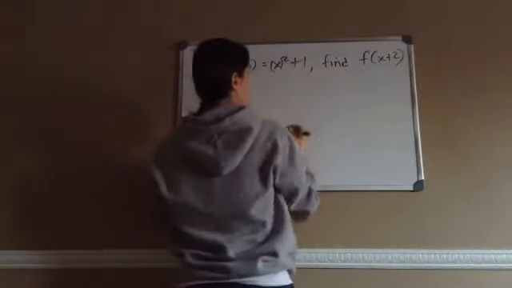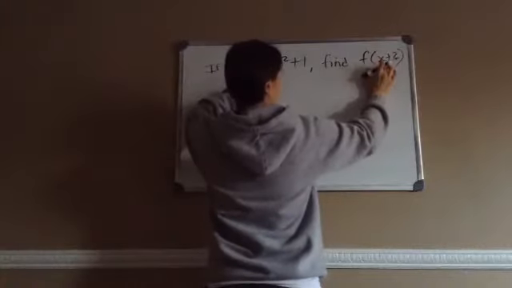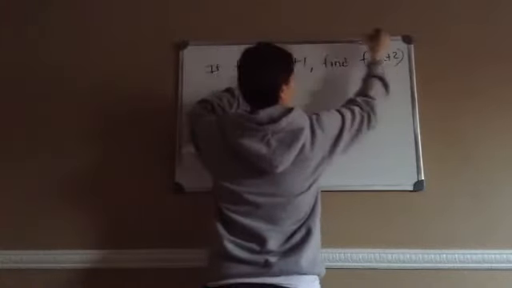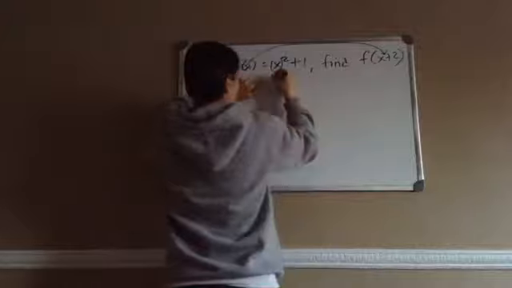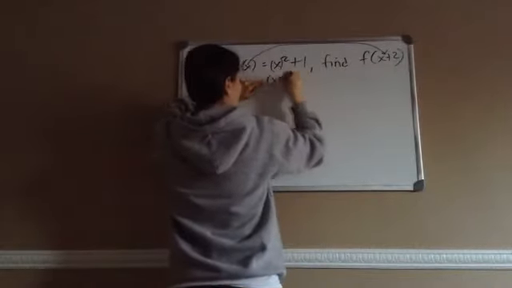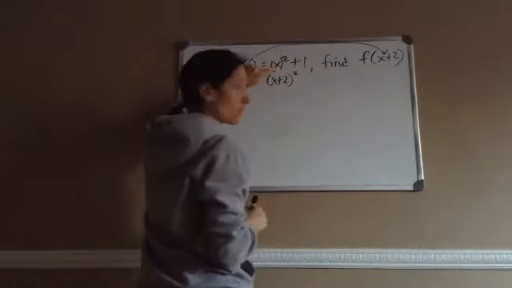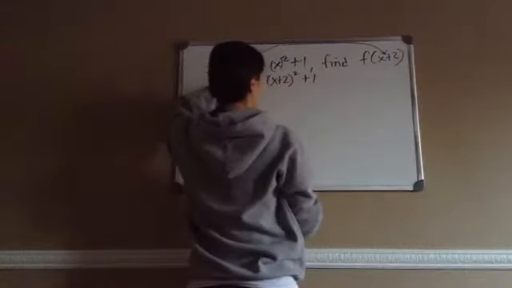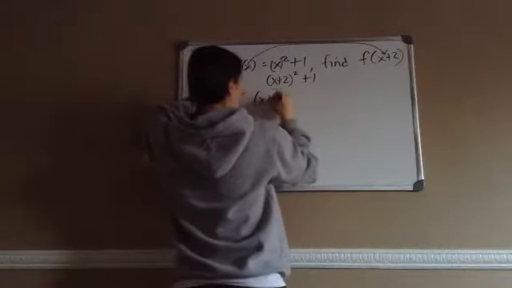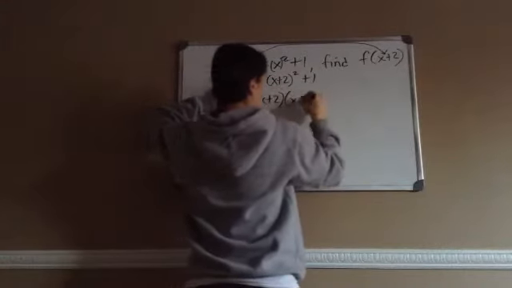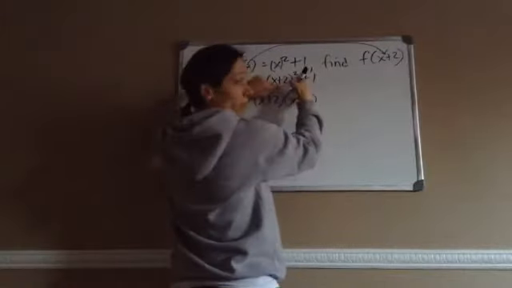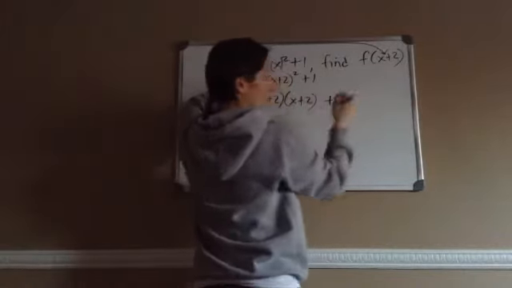So I'm going to put parentheses there. So everywhere I see this x, I'm going to put that inside of it. x plus 2 squared, plus 1. Okay? So now this means x plus 2 times x plus 2. That's what x plus 2 squared is. Plus 1, bringing that down.